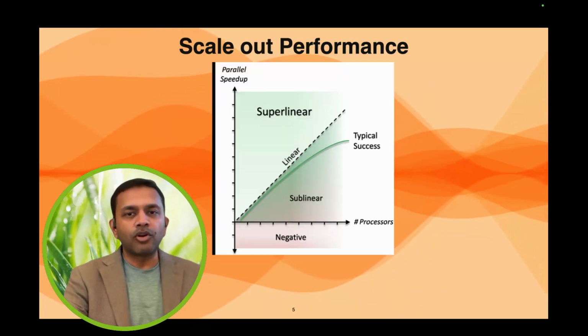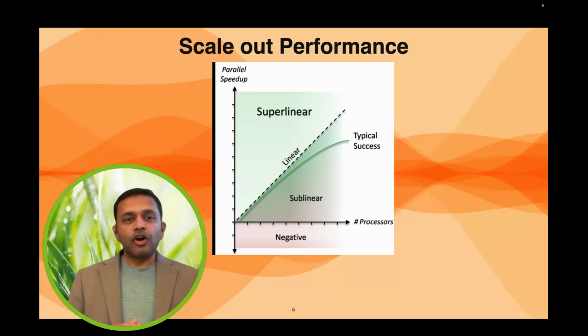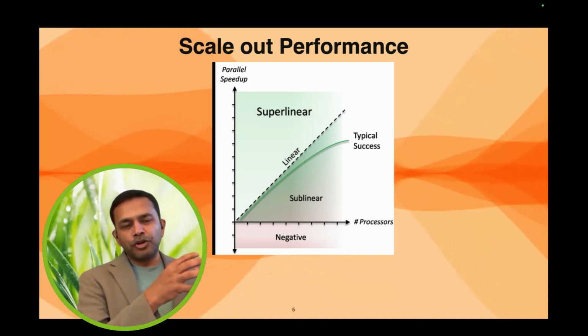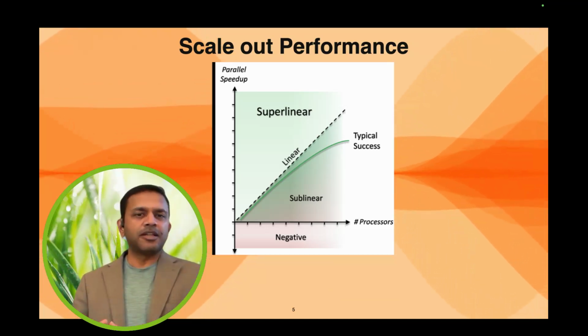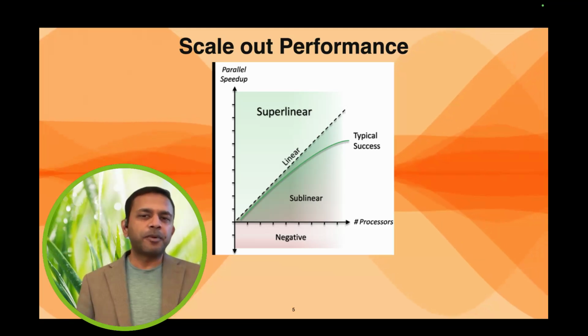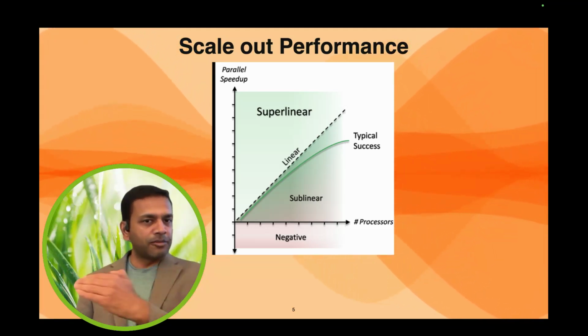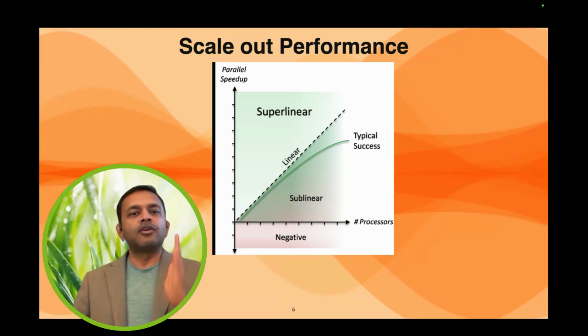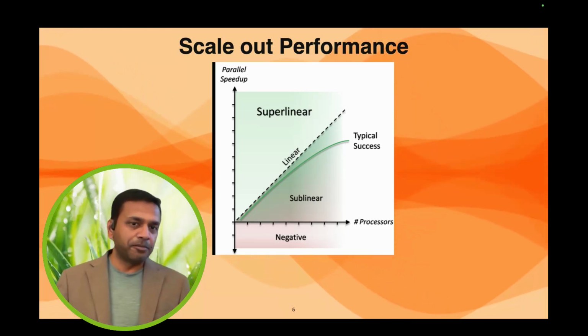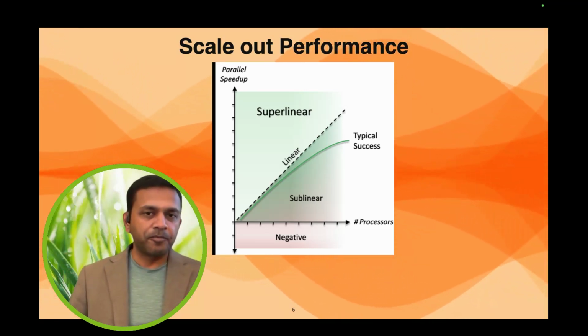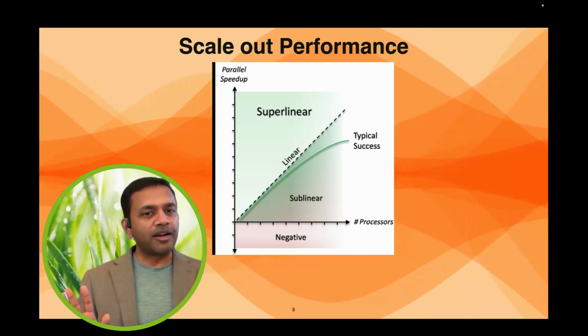Let's dive a little bit more into the scale out side. Normally, if the compute you are doing on one accelerator and on the others is totally unrelated, then, with the x-axis showing the number of ML accelerators and the y-axis showing the overall throughput speedup you're getting, you'd expect it to be linear if it's uncorrelated.